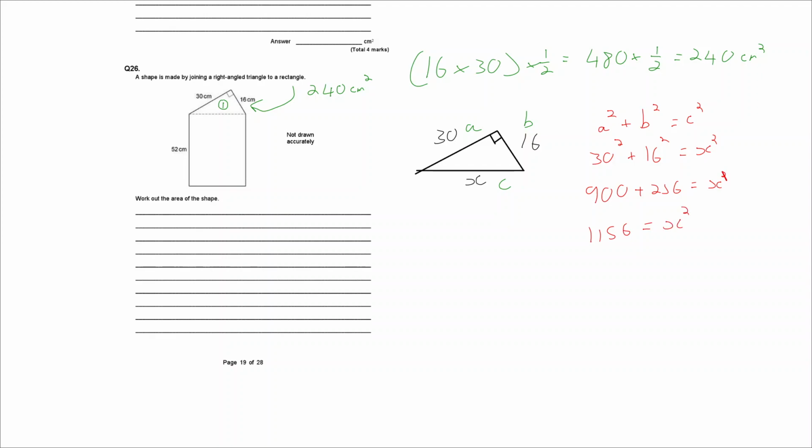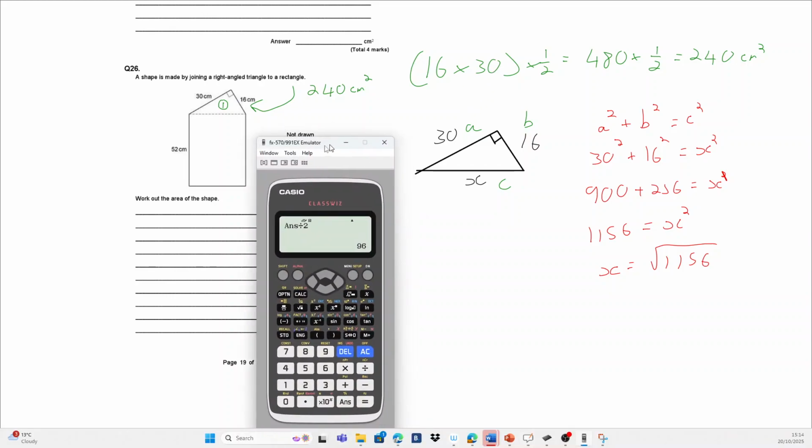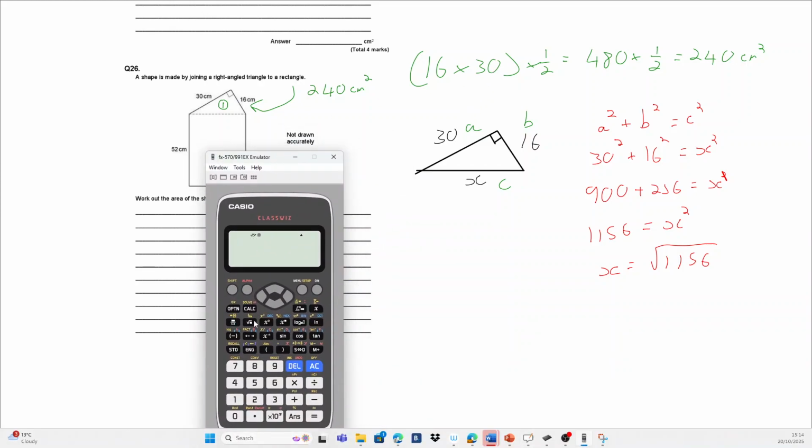I'm going to assume that's going to give me some sort of nice whole number, but I'm not too sure. Is 1156 a square number? We're going to find out now. I'm going to square root 1156. Gives me 34. Yeah, perfect. I thought it probably would. So x is going to be equal to 34.